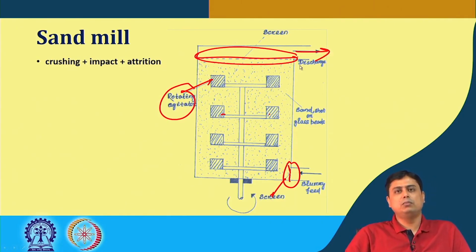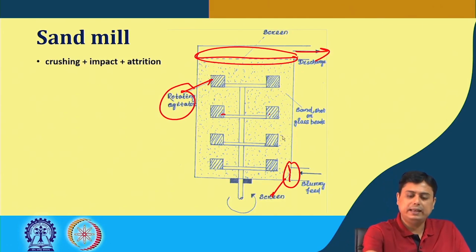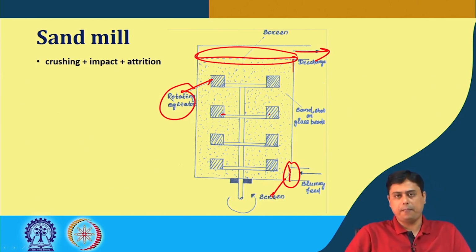So, we have screens on both the positions, that is at the inlet and at the outlet, of sufficiently small size, so that this sand or the glass beads can be retained in the bed. That is one of the parameters, one of the points.